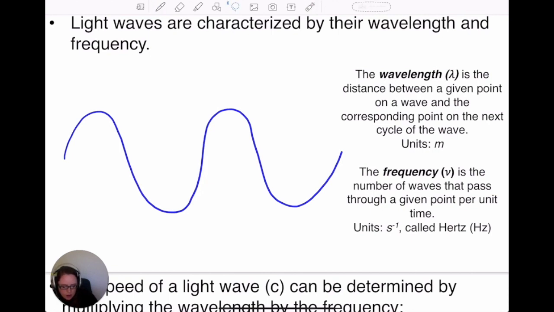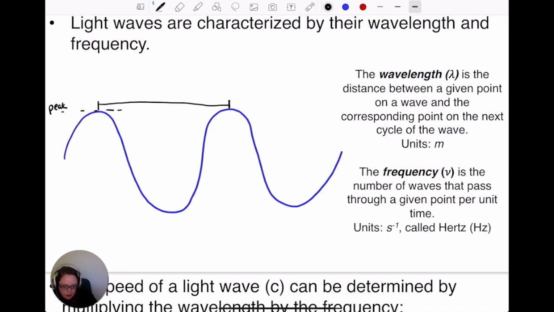Okay. So for the wavelength, we're going to pick a point on the wave. I'm going to pick the highest point, so this is the peak. And then the wavelength is going to be the distance between the equivalent point on that next period.